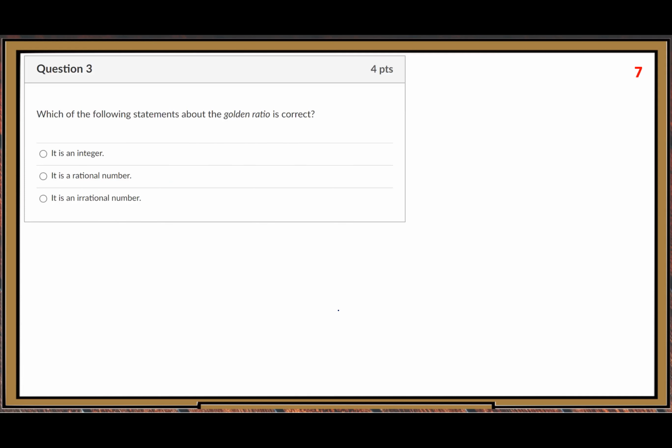Which of the following statement about a golden ratio is correct? Irrational number, right? Because the golden ratio, we know it equals this expression, and the root 5. Root 5 is an irrational number. Rational, irrational.